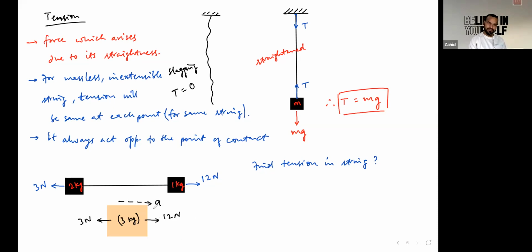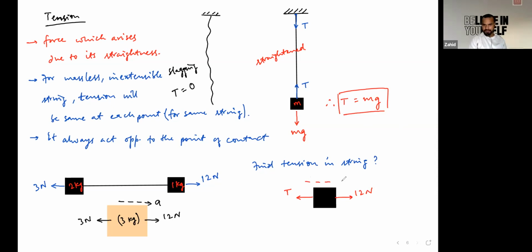Now, after finding acceleration, use the concept of FBD. Then, for this 1 kg block, which is experiencing a force of 12 Newton along the right side, and due to contact of the string, it must be experiencing a tension opposite to the contact towards the left side.